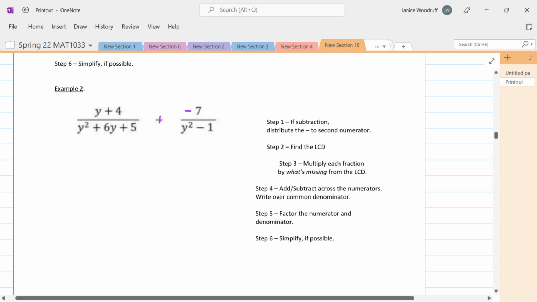All right, find the LCD. Now remember, to find the LCD, you got to factor. So first, we need to factor. Then we find the LCD. Okay, so y squared plus 6y plus 5, what can that factor to?